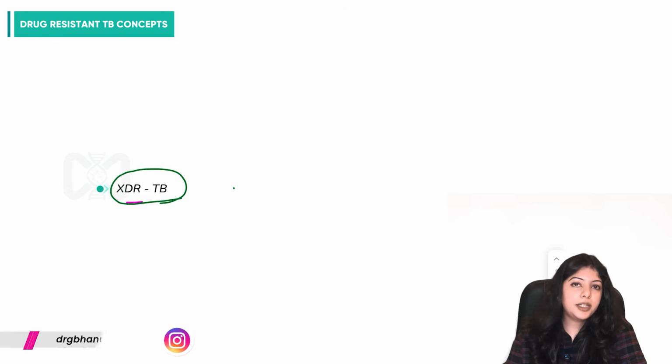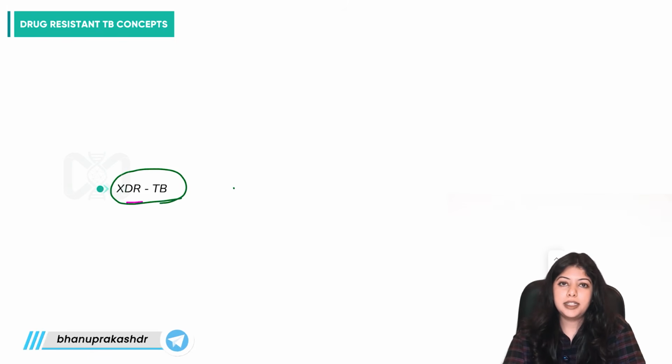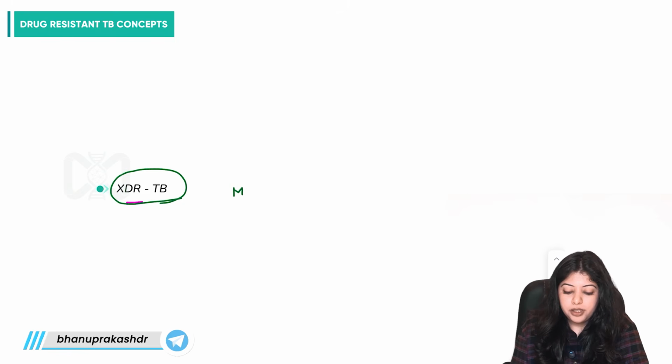So what is included in MDR? It is isoniazid, rifampicin, with or without resistance to any other first-line ATT. So the MDR-TB definition is fulfilled.